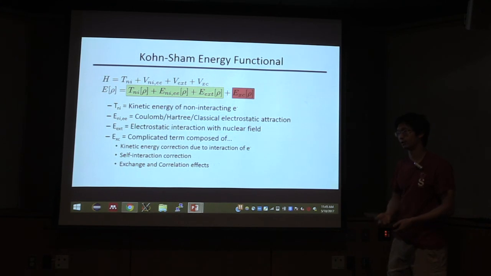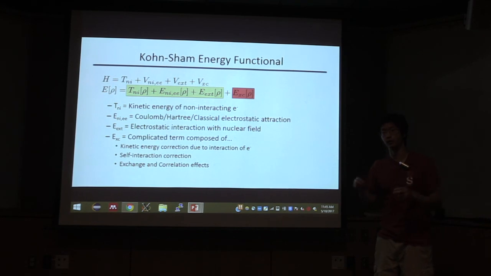So the self-interaction error, as the name implies, is the electron interacting with itself. If you think about a one-electron system, this term will have a finite value because the electron will be moving around in a field that's generated by itself. So it will be interacting with its own average density.